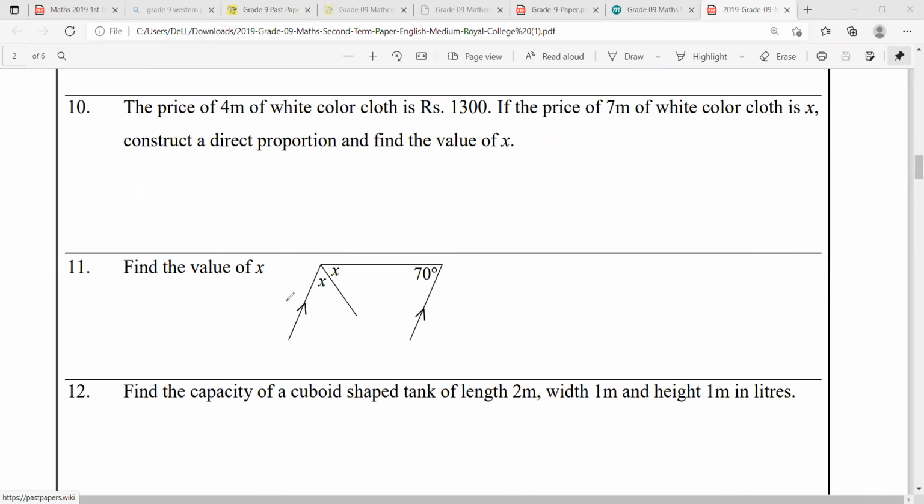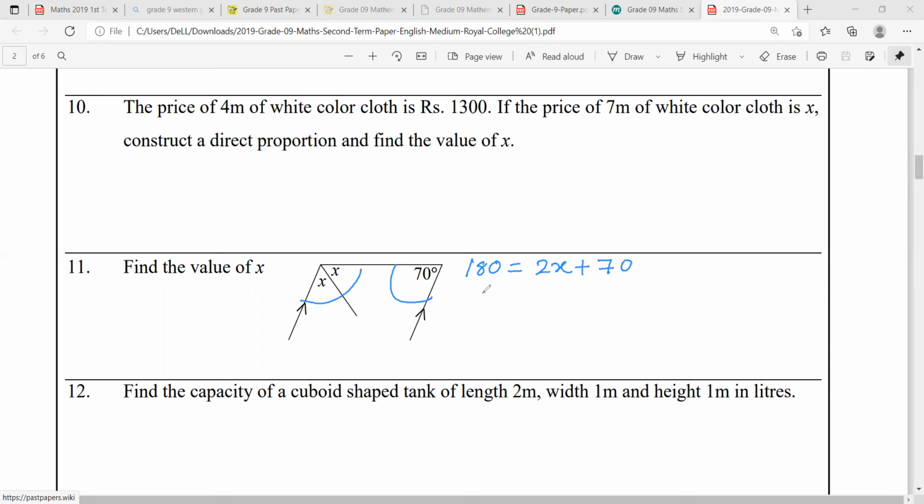These two are parallel lines, right? Therefore you have this couple of angles, and these two angles are allied angles. So the sum of the allied angles is always equal to 180 degrees. So you can write 180 is equal to 2x plus 70.